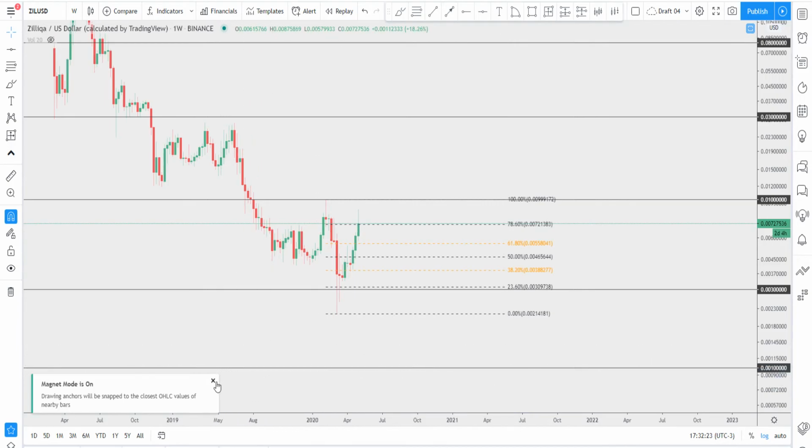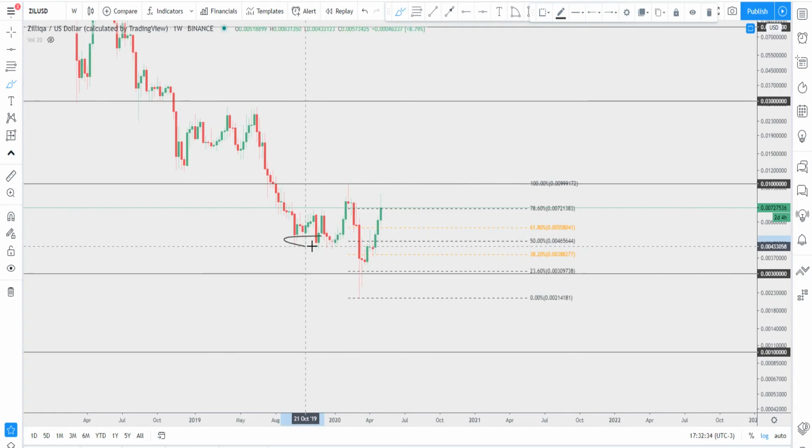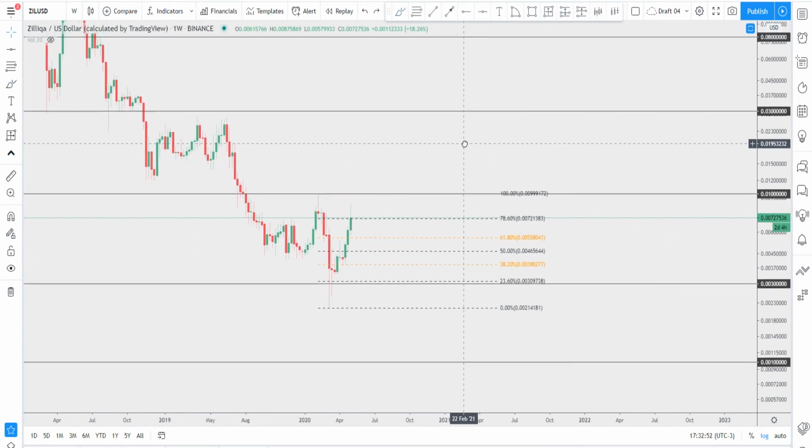First things first, just a thing to have in mind here. This shooting star right here, the early bears were waiting on this resistance line right around 41.93, and they got blasted because they were too early in the trade, and then the bulls made their way to the top.